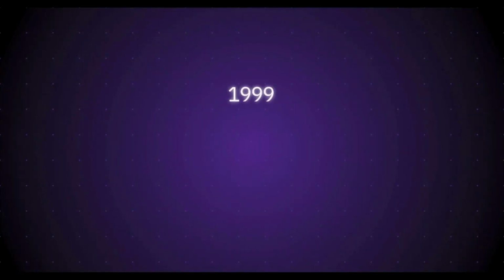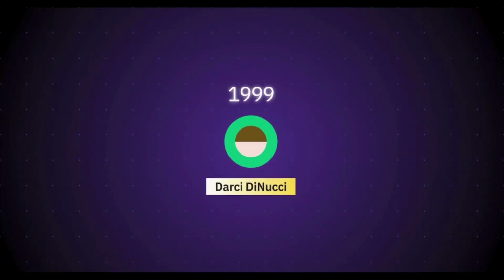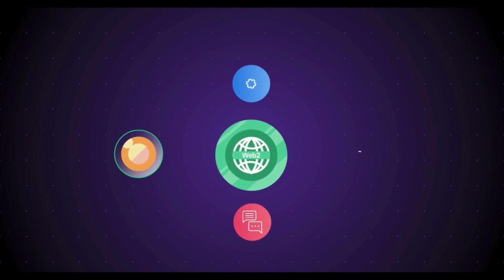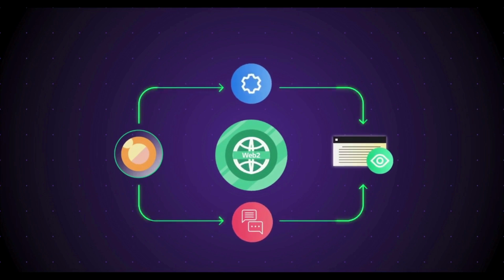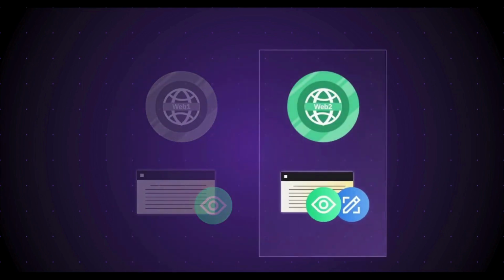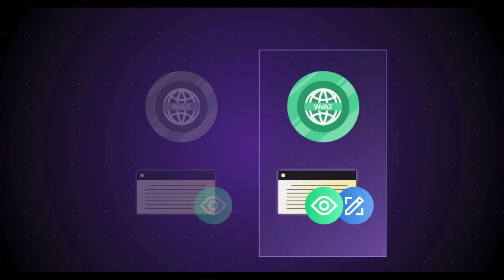In 1999, author and web designer Darcy DiNucci coined Web 2.0 to distinguish it from Web 1.0. Web 2.0 refers to the shift towards a more interactive internet focused on the users participating and contributing to the web. If Web 1.0 was the read-only web, then Web 2.0 was the read and write web, or participatory web.